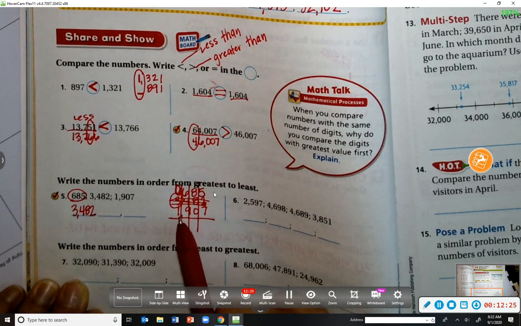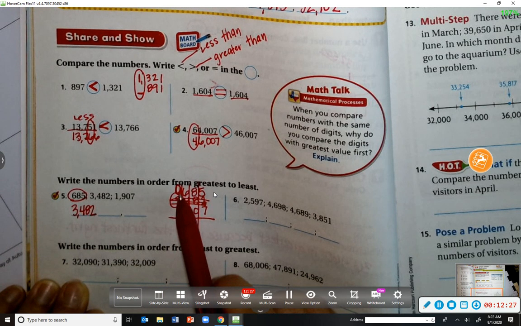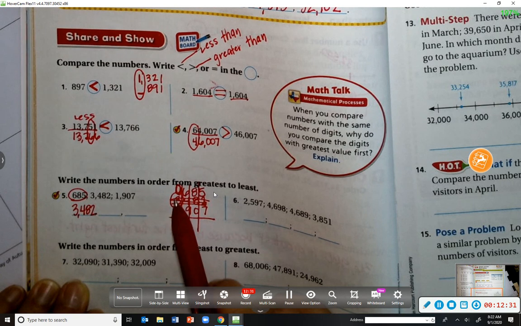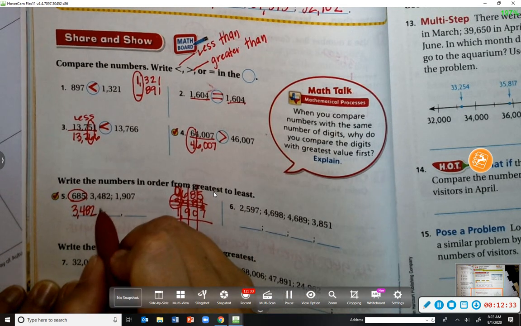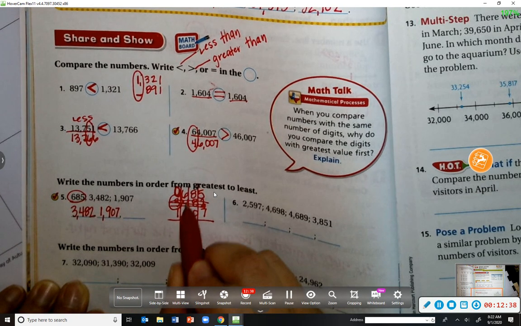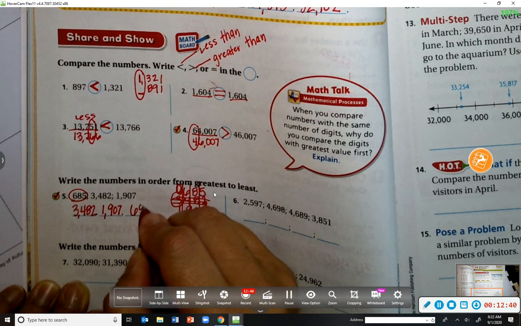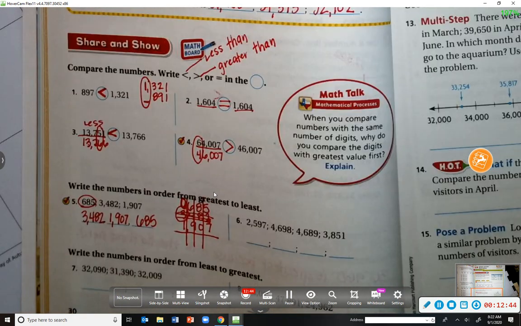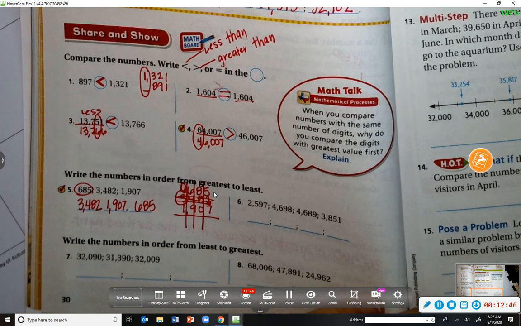Okay, now I have the top and the bottom left, a 0 and a 1. I can tell 1 is greater than 0, so that would be my next greatest. And then last would be 685.